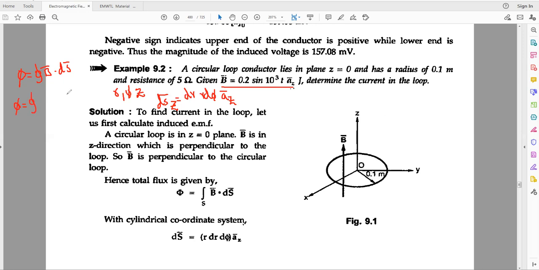That is equal to phi is equal to the integral. What is the B bar given? 0.2 sine 10 cube into t AZ bar dot R dr d phi, which is also AZ bar.